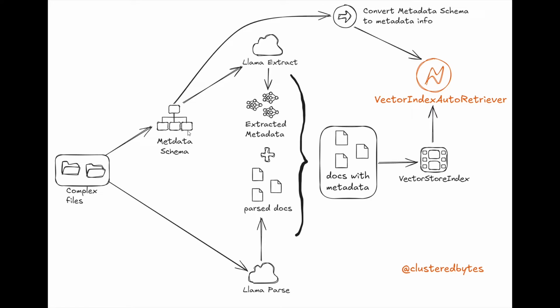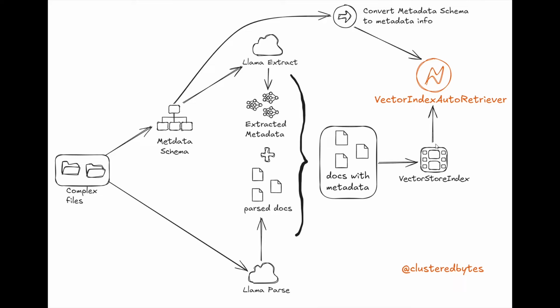In the next step, we use the schema of the metadata to be extracted and convert it to a list of metadata info for each of the metadata that we extracted. This metadata info is used by the vector index auto-retriever, and the language model will use this metadata info later for automatically generating metadata filters.